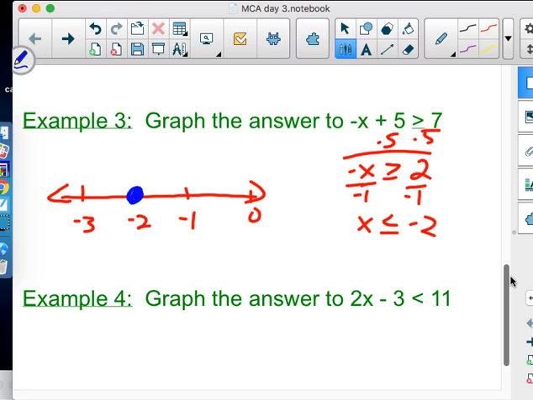And if all of our answers have to be less than or equal to -2, should we shade left or should we shade right? Yeah, left. That's where the numbers are smaller than -2 because it says x is less than or equal to -2. So the key to those is remembering, hey, if I multiply or divide by a negative, I have to flip the sign. I have to.